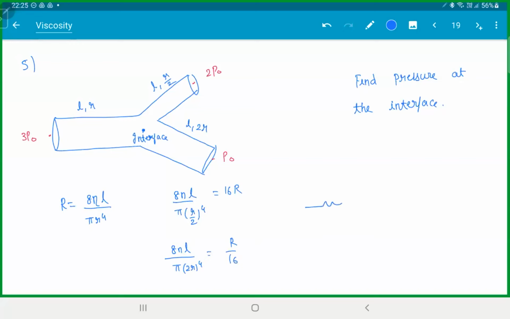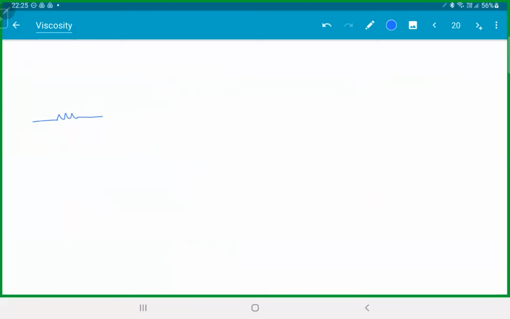Means your whole circuit is like this: R, 16R and R by 16. Agreed? This is how the whole thing looks. So at this point, the pressure is 3P naught, let's call the junction pressure P dash. This is 2P naught and this is P naught.